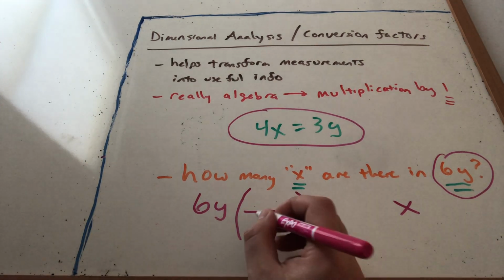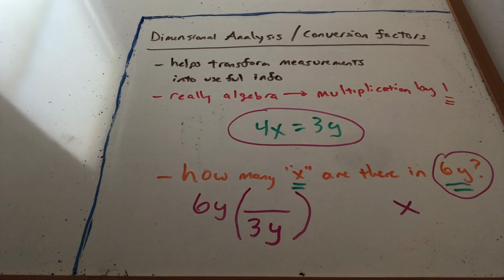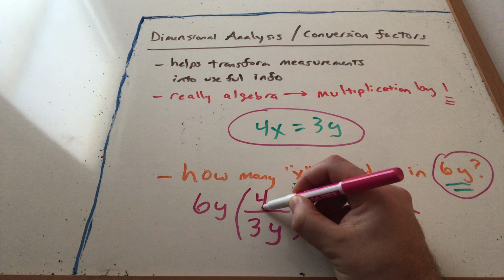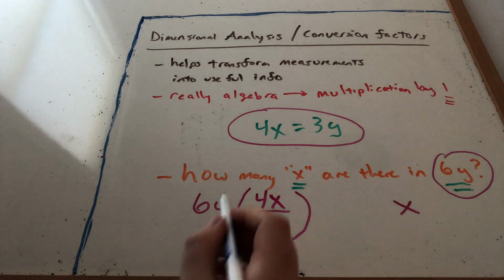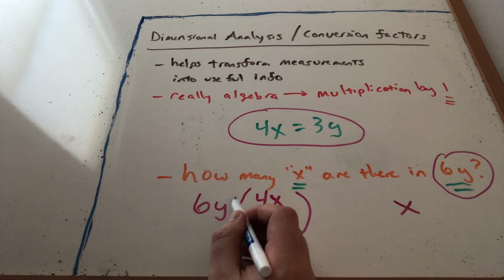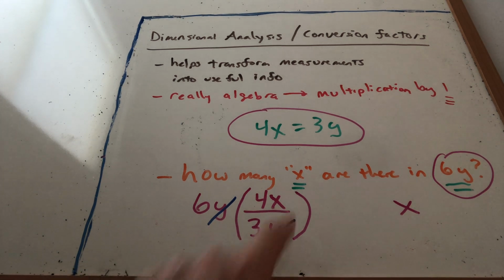I have a y here. If I put the y in the denominator, and the x in the numerator, then when something is in the numerator and something in the denominator that are the same, they cancel. And so I take my y information and I turn it into x information, okay?